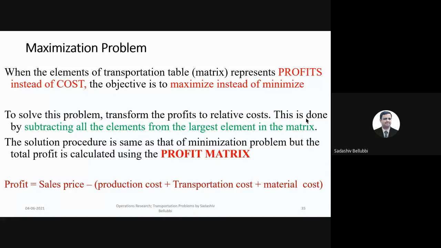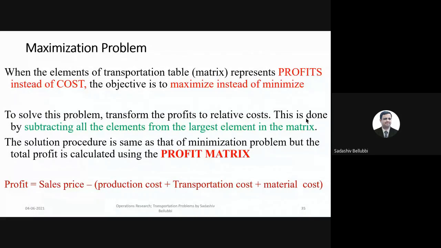As we all know, profit equals sales price minus all the costs. You might have already studied in other subjects how we calculate the profit. Even in this cost we can include the tax also.